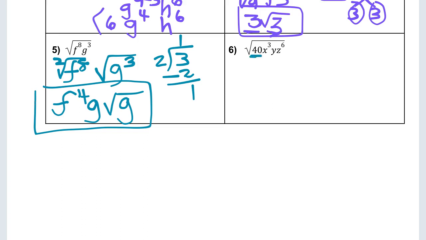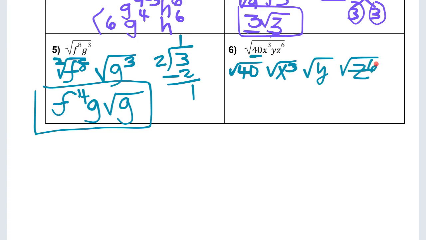Sometimes we'll have a mixture of numeric radicand, variable radicands at the same time. And separating them out like so.